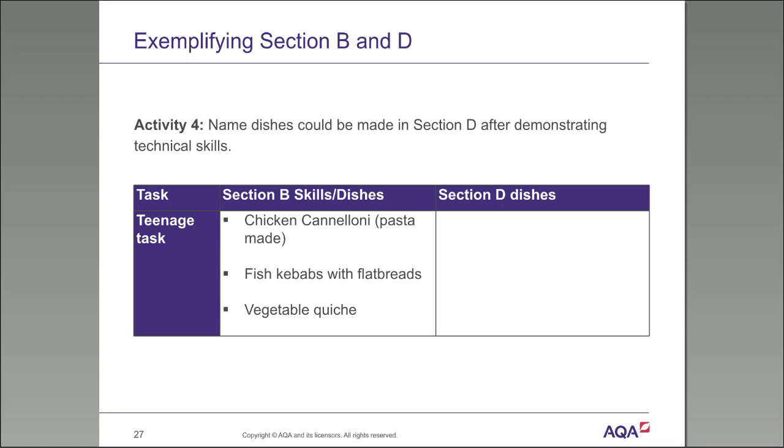People are suggesting developing the vegetable quiche from a short crust pastry to a flaky or a puff pastry, and then maybe making it into individual pies or into a pasty. Suggestion of making a fish pie from the kebabs, obviously with the bechamel sauce, and then piping the potato onto the top.